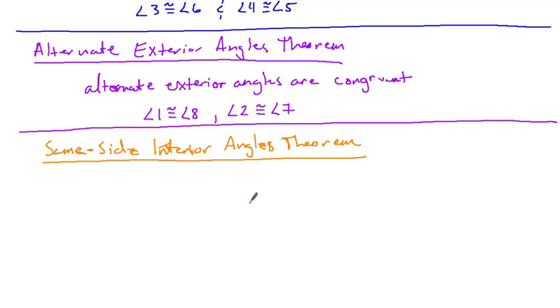If two parallel lines are cut by a transversal, then same side interior angles, and be careful with these because it's not congruent. So same side interior angles are supplementary.